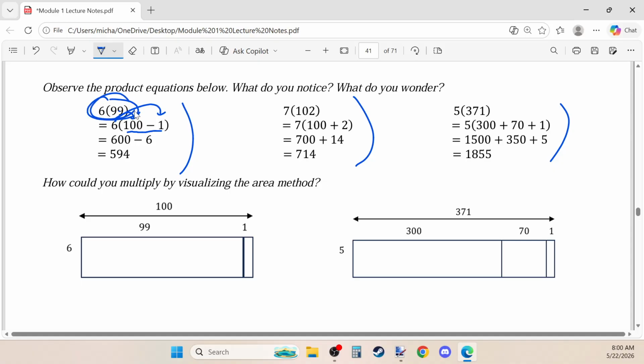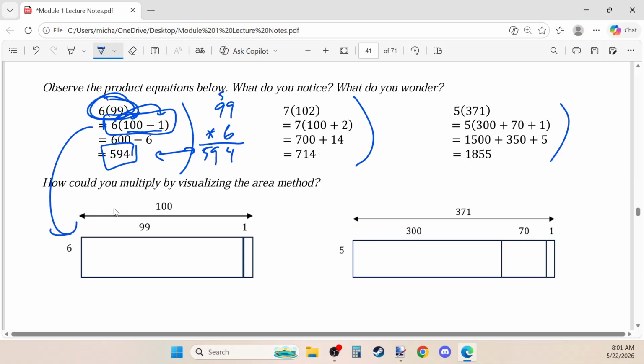So it's easier to do this 6 times 99 as a distributive property question, because I can just multiply 6 by 100 and 6 by 1 and subtract them, than it is to think of 6 times 9 is 54, carry the 5. 6 times 9 is 54. 54 plus 5 is 59. It's the same answer, but it's easier to look at.